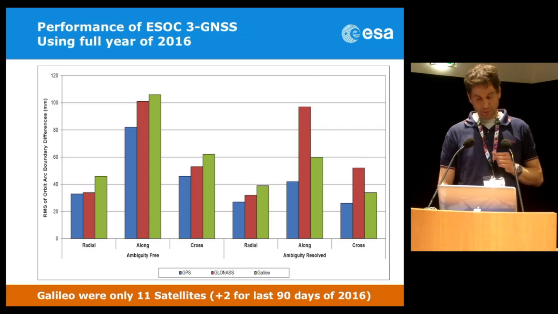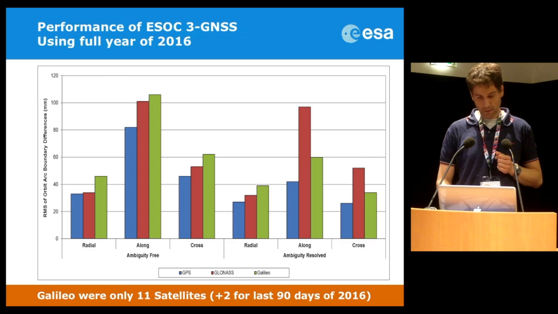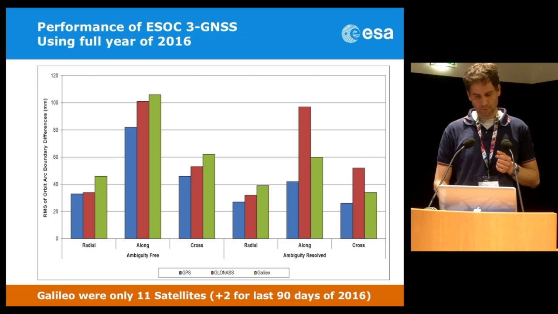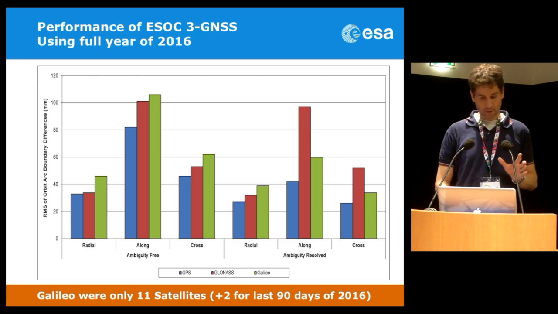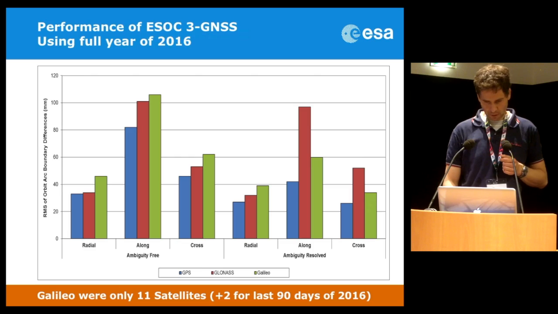GPS is clearly superior to all other orbit overlaps, but Galileo is getting closer, and at least our results are even better now than what we get for GLONASS. So we get roughly a 3D orbit RMS of 5 centimeters. By the way, this was achieved with only 11 satellites and only 16 stations. Meanwhile we have 70 satellites, and of course many more stations to process.